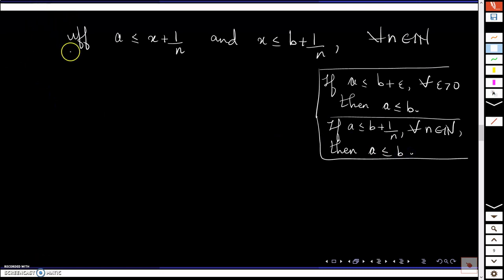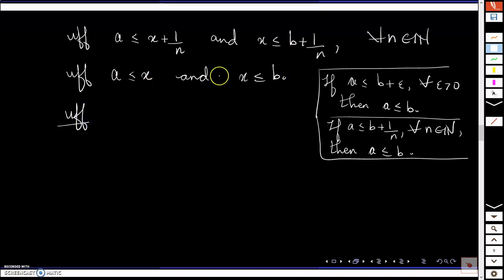So this is going to happen if and only if, here a is a, this is b, and this is 1 by n. That is going to happen if and only if a is less than or equal to x, and the same thing I have here, x is less than or equal to b. That means x is bigger than or equal to a and less than or equal to b. That means the point x lies inside the closed interval ab.